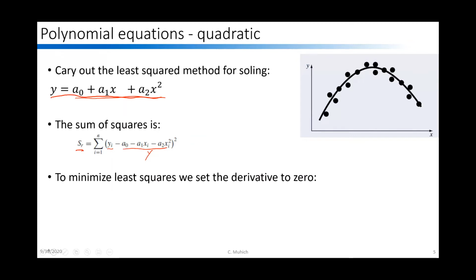So the idea is we're going to minimize this least squares by taking a derivative with respect to each constant and setting that derivative to 0. Let's do that now. So we want to take the derivative of SR with respect to a0, our first unknown, and we're going to set that to 0. Remember that my definition of the chain rule is going to be the derivative of the outside, so this 2, times the derivative of the inside.